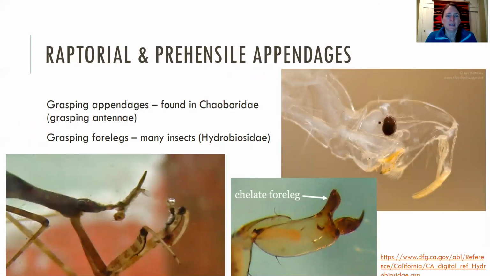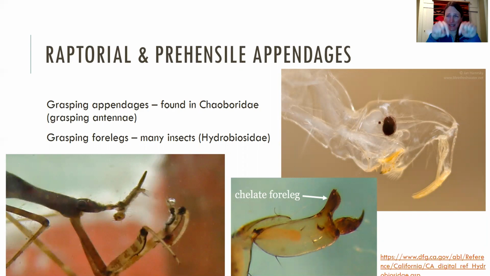A lot of organisms that are predators will have raptorial or prehensile appendages, meaning that they can grasp things. And so the picture on the far right shows a grasping antenna.